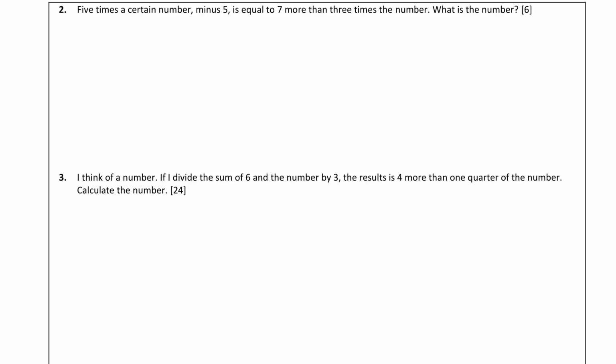So the first question says 5 times a certain number minus 5 is equal to 7 more than 3 times the number. What is the number? So what we're looking for is the number. So let x be the number.